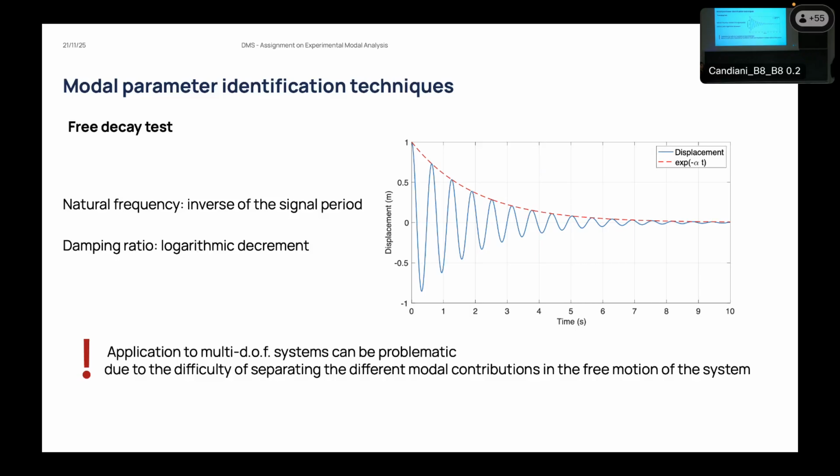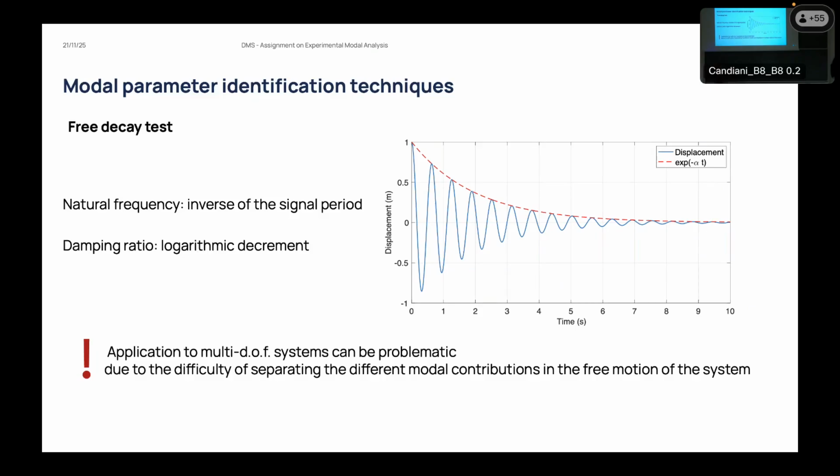We saw during the third exercise together that if we are able to apply an initial condition that is coincident with a certain mode shape, in that case the response will be just driven by that modal contribution.